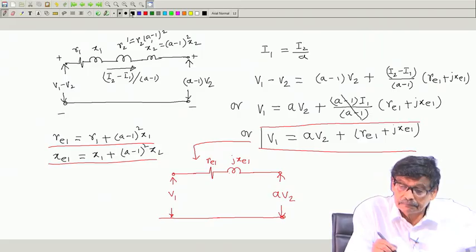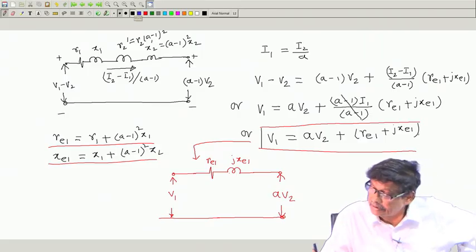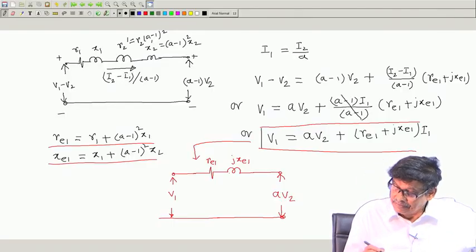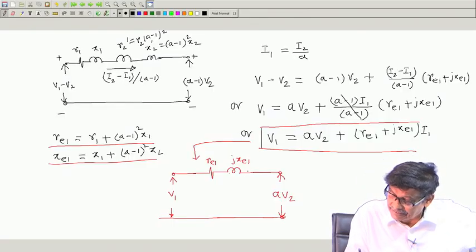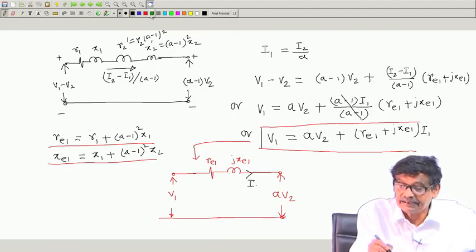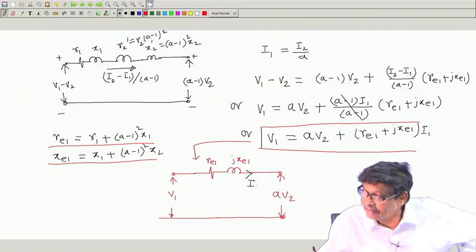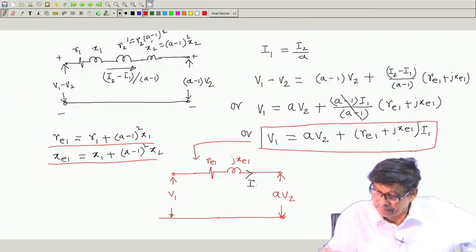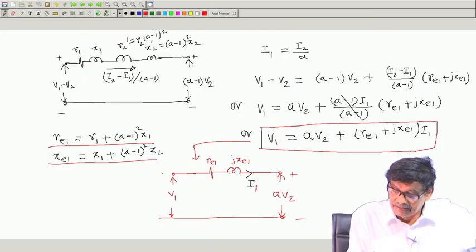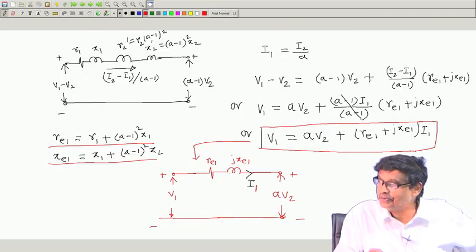So, this current is I 1. This equation suggests that this is I 1. Therefore, A V 2 plus the drops gives you V 1.